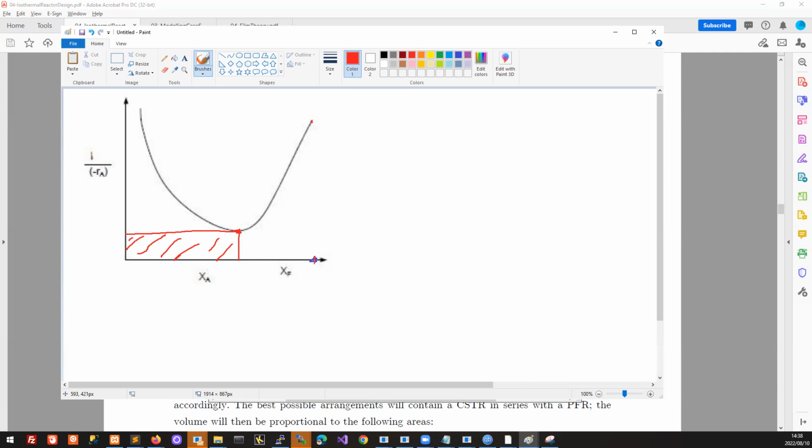We want this final conversion, but we don't want this big block of volume for this CSTR. What we want instead is the integral area here. So this would be the optimal configuration: a CSTR that takes us up to this specific conversion, and then between these two conversions, we'll use a PFR or a batch reactor.